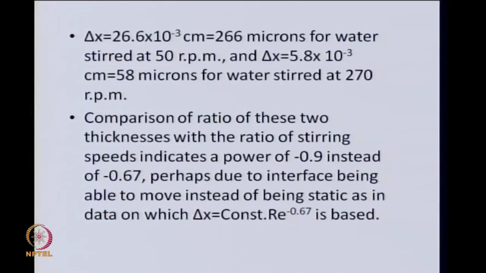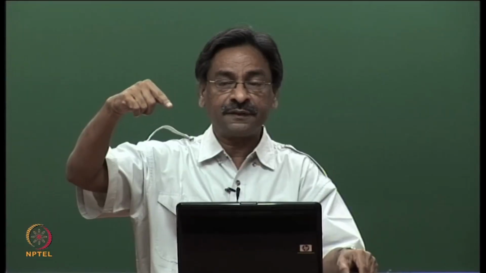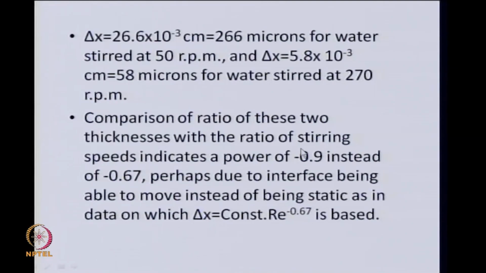This could be attributable to the surface or interface not being static, because as you stir, the interface itself moves, whereas in the derivation of delta x proportional to Reynolds number to the power minus 0.67, you use the boundary layer analysis in which the solid surface is not movable. So, that is the difference between the interface between a liquid and a gas or liquid and liquid, and the interface between liquid and solid, and therefore, one could probably rationalize this higher power, attributing it to the mobility of the interface between the fluid phases.